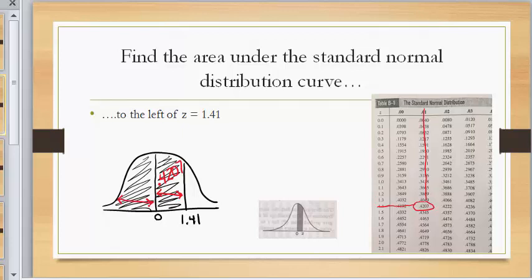Remember that when we talked about the characteristics of the normal distribution curves, we said that the entire area under the curve, if everything is shaded, is a total of 1. So if you have a curve and everything is shaded underneath, that curve has an area of 1.